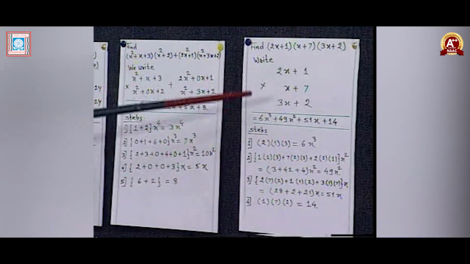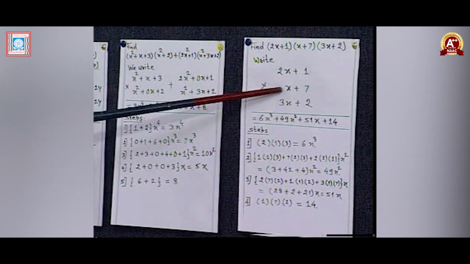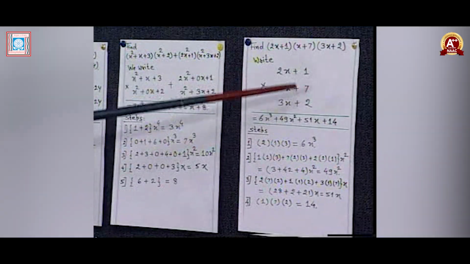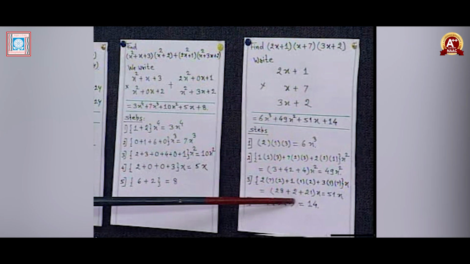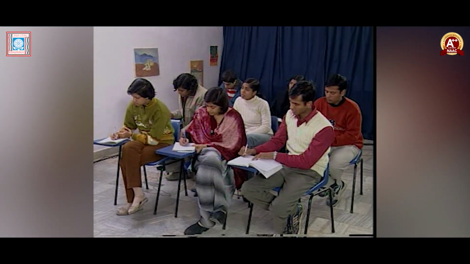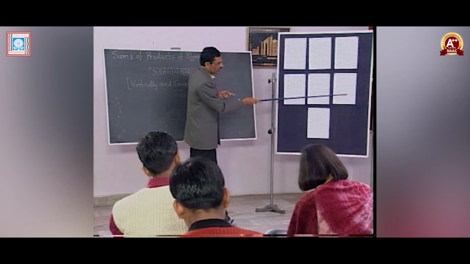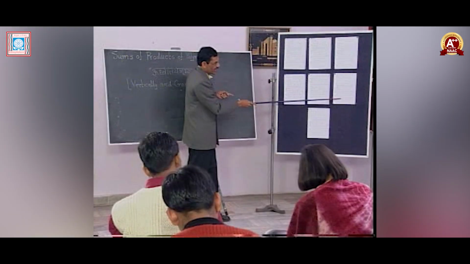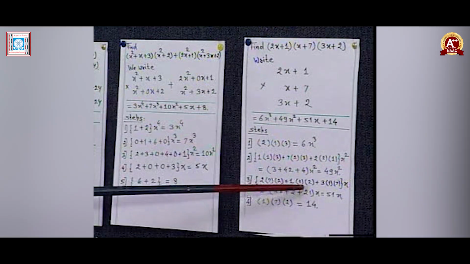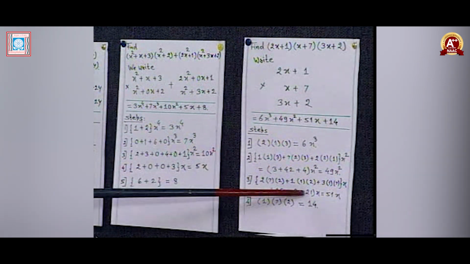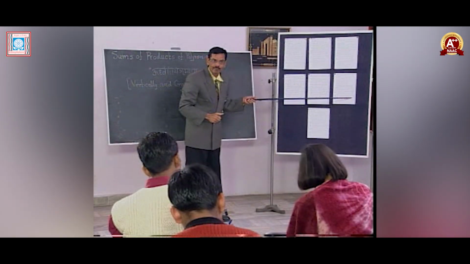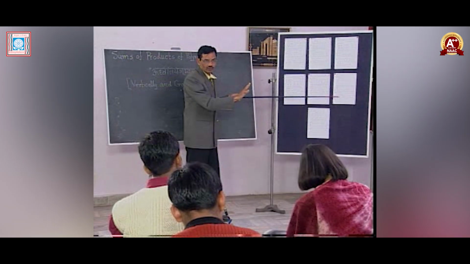Okay. Then what? I select 1. 1 into 1 into 2, that is 2. Then I select 3 into 7 into 1, I get 21. So 28 plus 2 plus 21, that gives 51. So crosses are over.